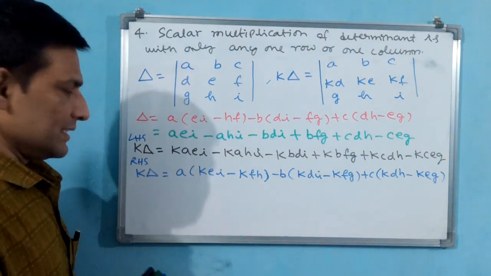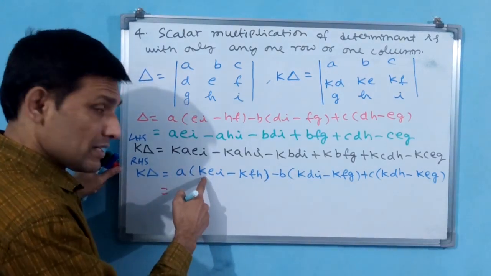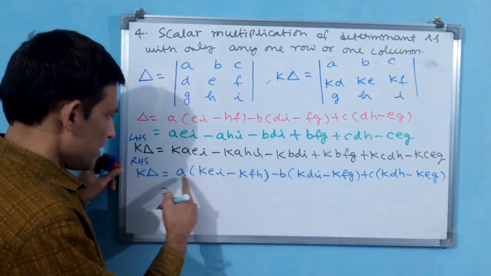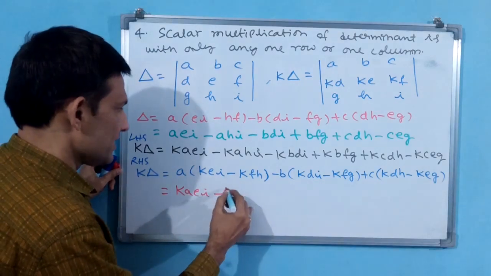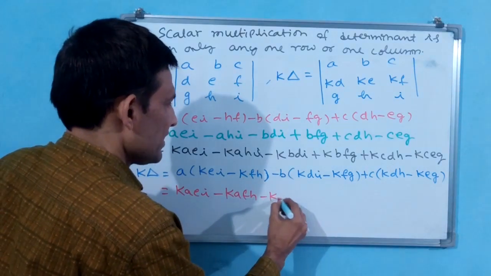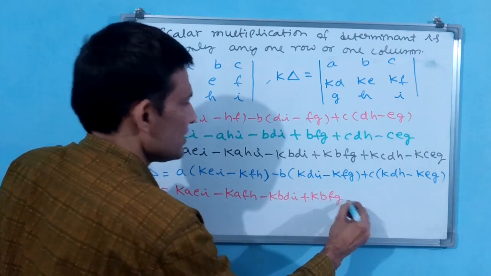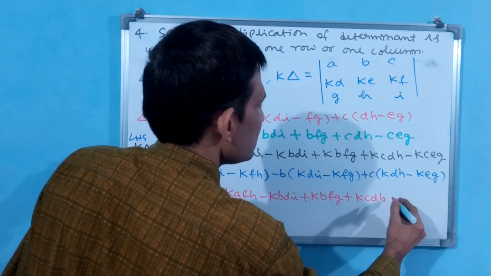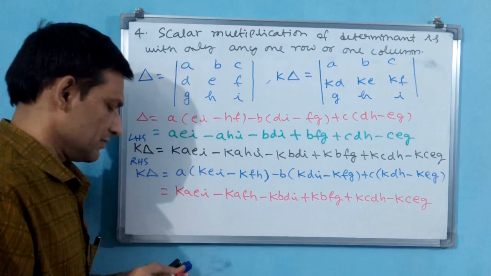Now you expand this again. Why? Because we send all these outside elements inside. But we write K first. Why? Because here K is there, so we can compare easily. KAEI minus KAFH minus KBDI plus KBFG plus KCDH minus KCEG. Okay.